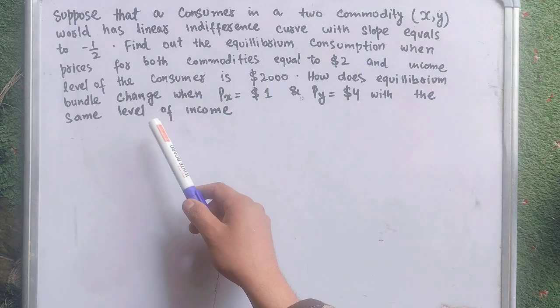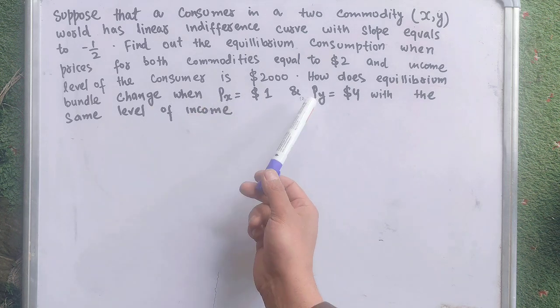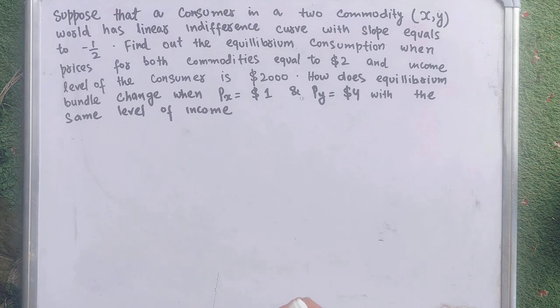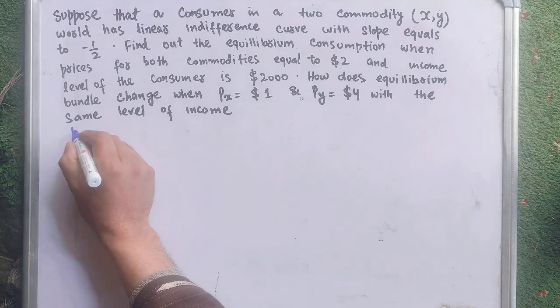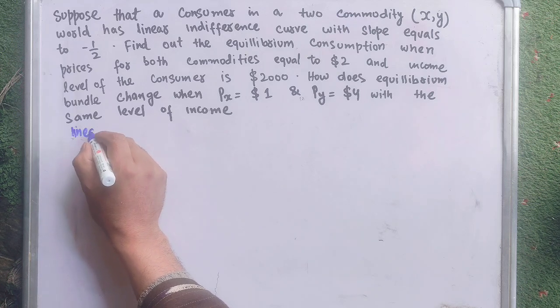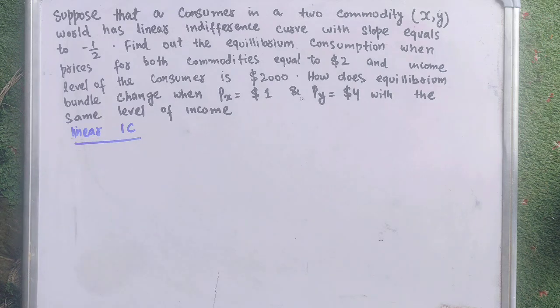How does the equilibrium bundle change when the price of good X is $1 and price of good Y is $4 with the same level of income? Okay, so we are being told we have the linear indifference curve. That means our utility function is linear in both the goods.